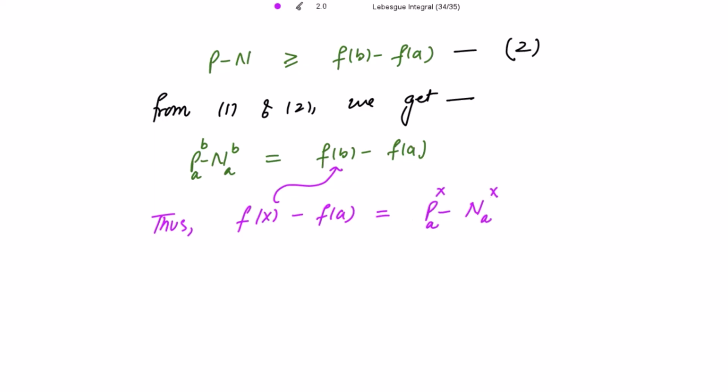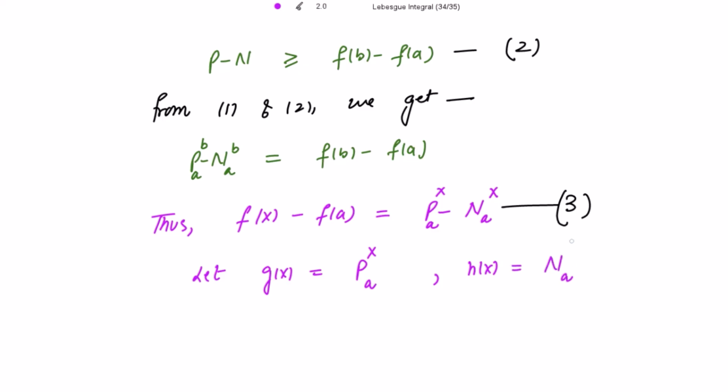Similarly, the negative variation. Okay, let me mark this as 3. Let's consider this to be the function g(x), and this to be the function h(x). So let's take g(x) to be equal to P from a to x and h(x) to be equal to capital N for the interval [a, x].